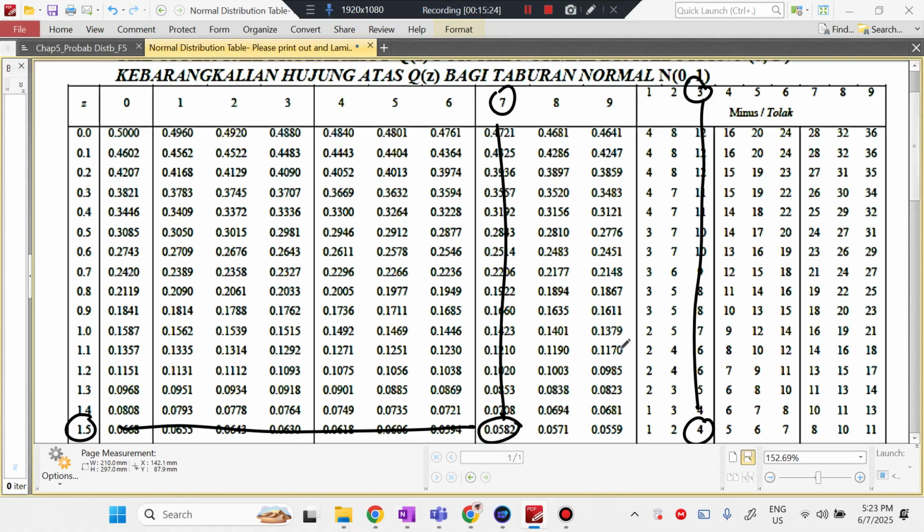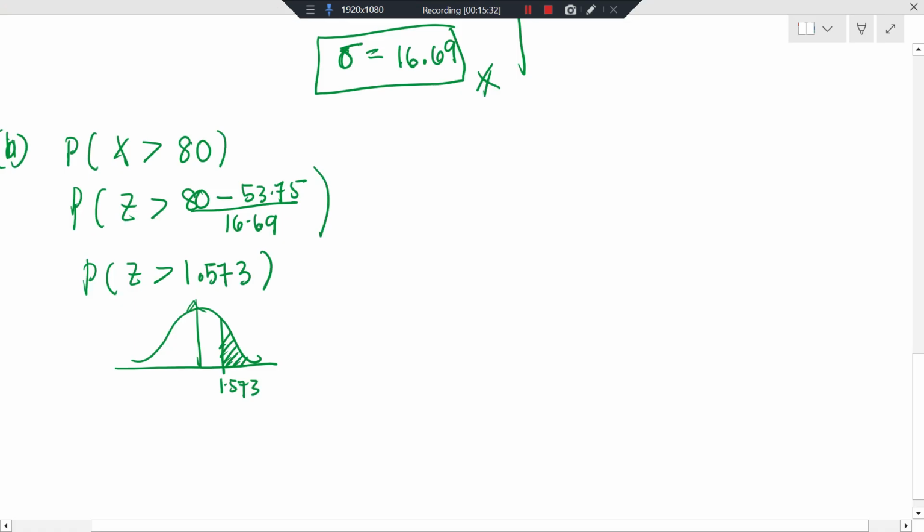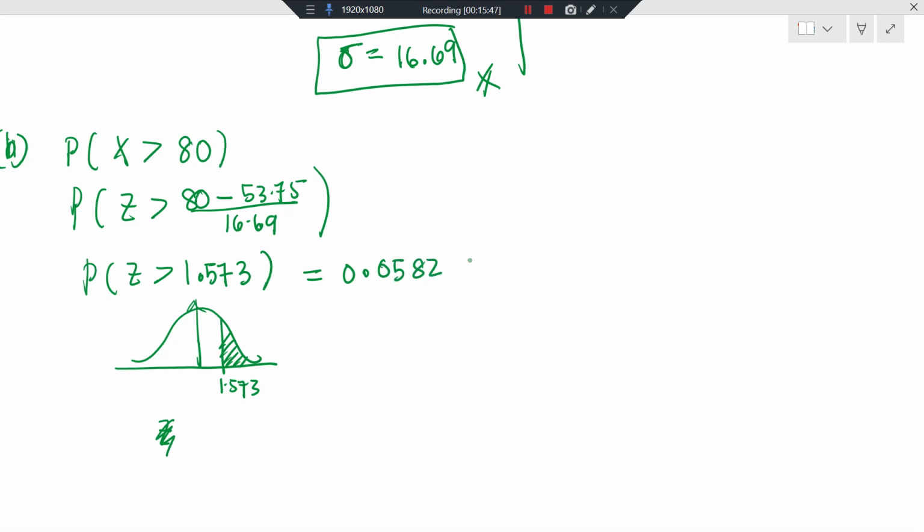Okay, first of all, what is our answer? 0.0582. Okay, we key in our calculator 0.0582, so your probability is just equal to 0.0582, and then remember you need to minus 4, so 0.0004.